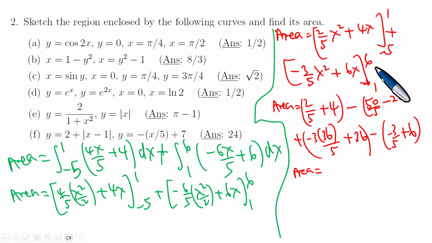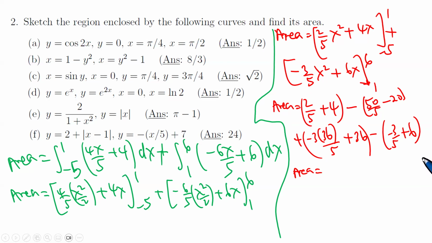So you put here minus 5 squared is 25, times 2 is 50 over 5. And then you put minus 5 by 4, which is minus 20. I'm trying to go through these here to make sure we have the correct answer. And now you put a 6. A 6 squared is 36 over 5, and then 6 by 6 is also 36, minus 3 over 5, and also plus a 6.